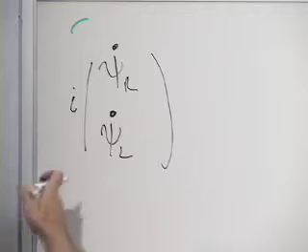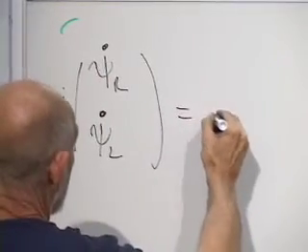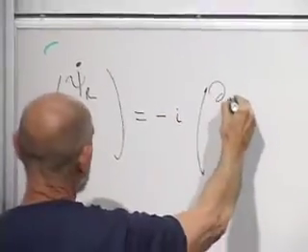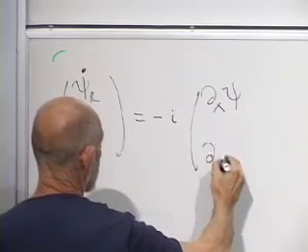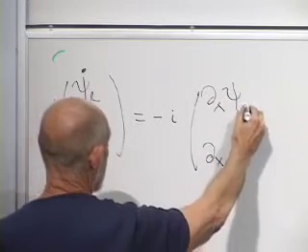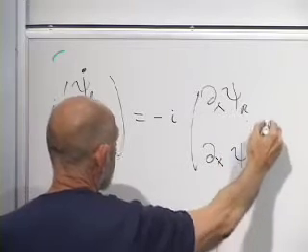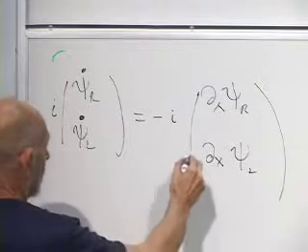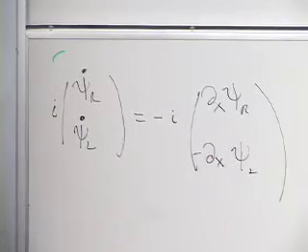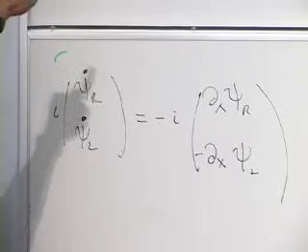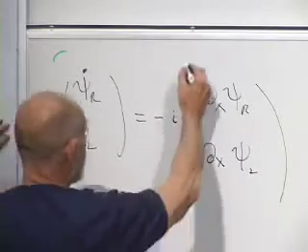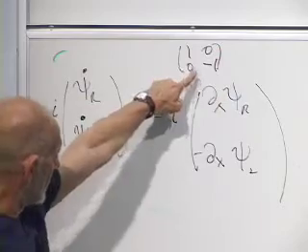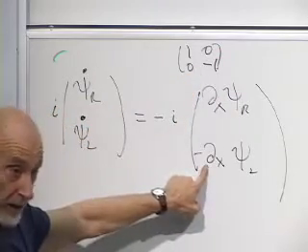So i times the time derivative is equal to minus i times the x derivative of psi right, and the x derivative of psi left. No, I'm missing a minus sign here, right? Where did that minus sign come from? It's alpha. Remember what alpha is. It's the matrix 1, 0, 0, minus 1. So this minus 1 here gives you a negative sign down here.